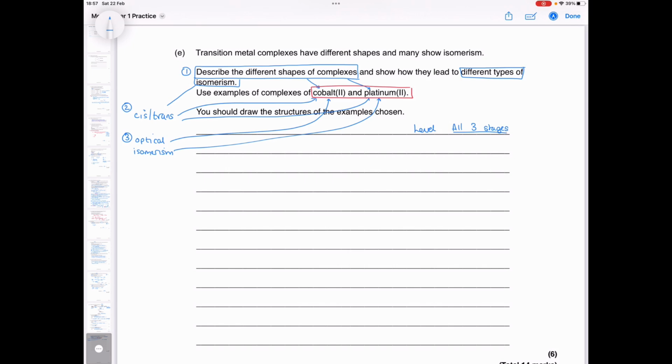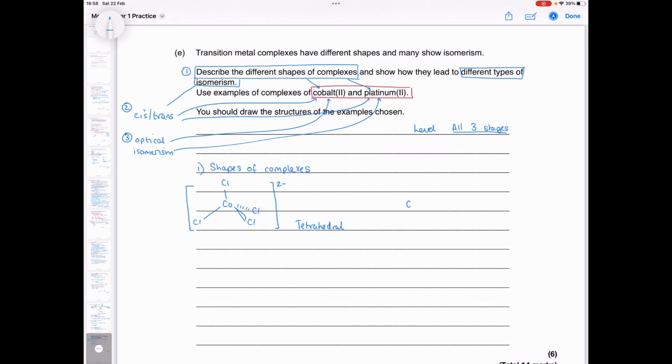So let's have the first one then. Different shapes of complexes, using cobalt-2 and platinum-2. So we could have tetrahedral, and we could have a cobalt-2+ complex, but with 4 Cl- ions. That's going to be 2- overall, and that is tetrahedral.